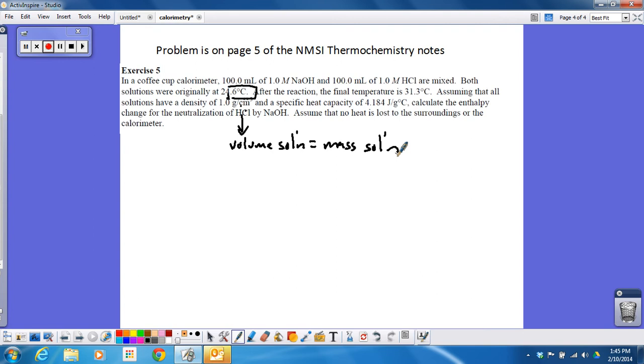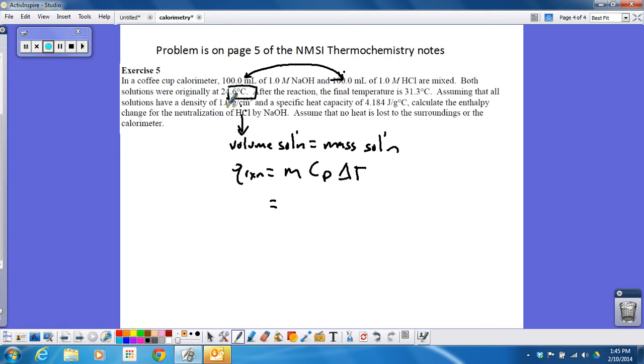And the specific heat capacity, here we go, 4.184, the same as water. We want to calculate the enthalpy change for the neutralization reaction. And we're assuming no heat is lost. So Q for the reaction is equal to mass times specific heat times delta T. So in this case, the mass, what is actually sitting in that cup, is a total of 200 milliliters of solution, not just water, but of solution.